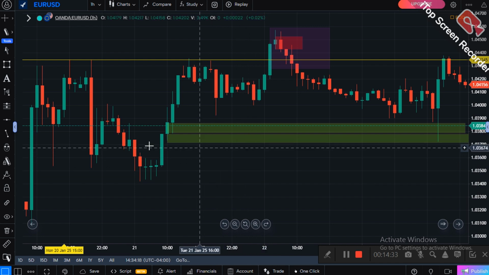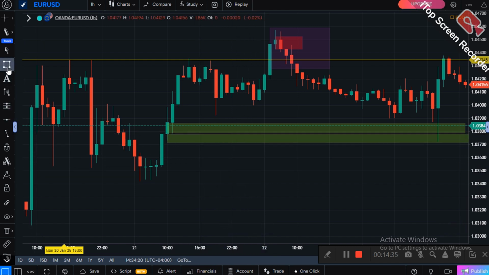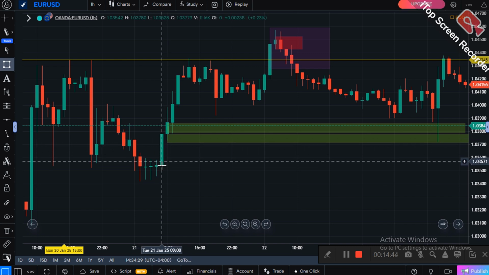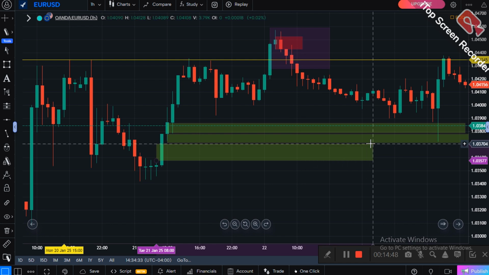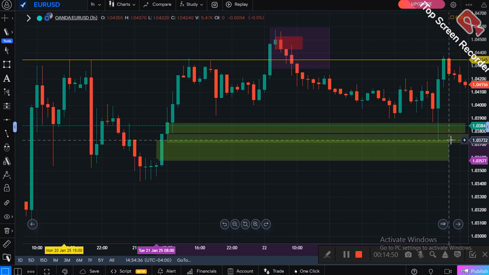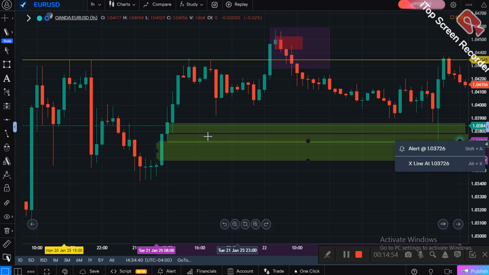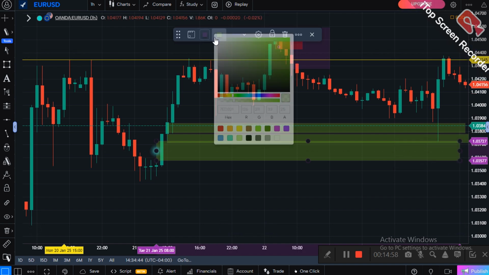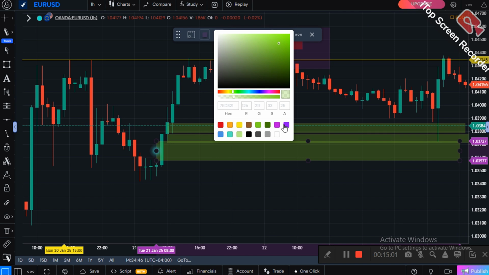This is because of this fair value gap. For example, from that high to that low, this is the gap. I have to do a purple color to add more confirmations.